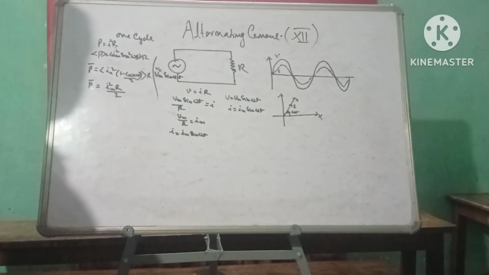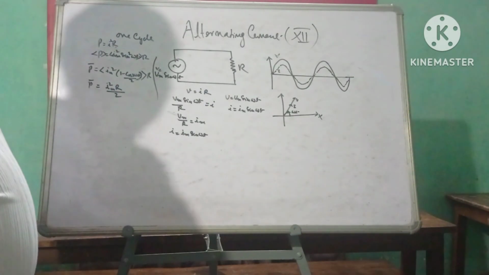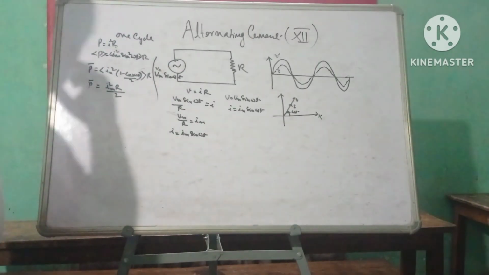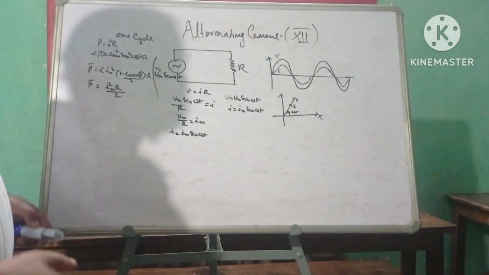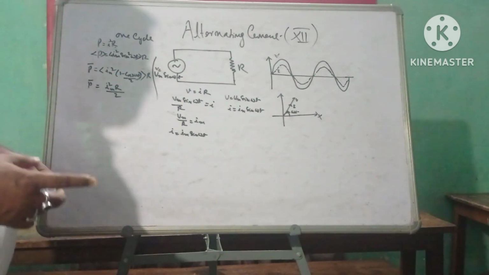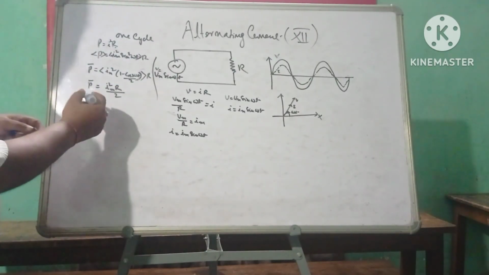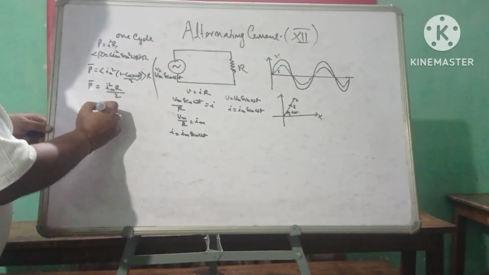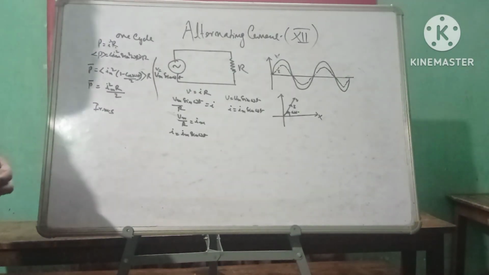Now, this AC power can also be expressed as DC power. To express AC power as DC power, we require IRMS, that is root mean square.